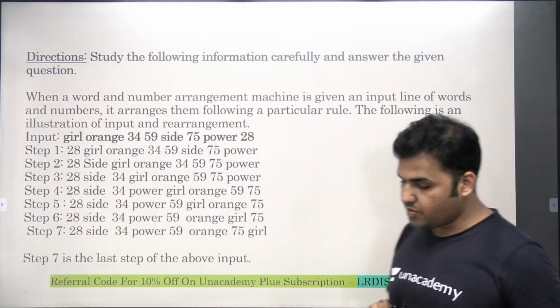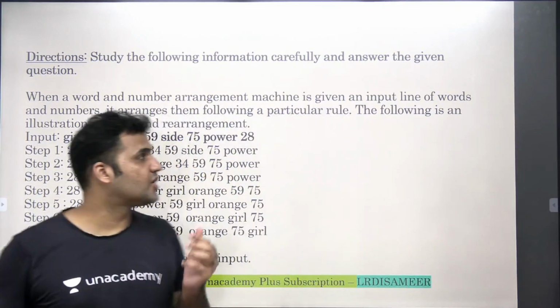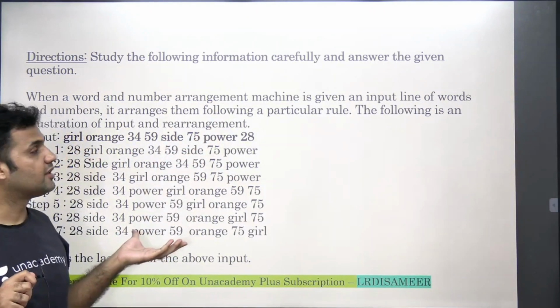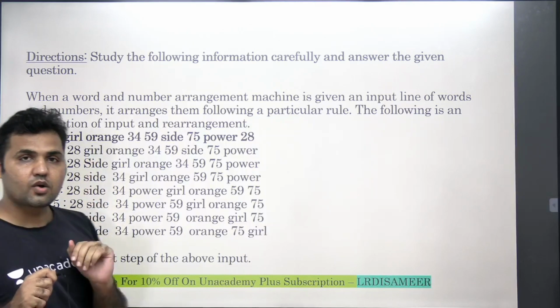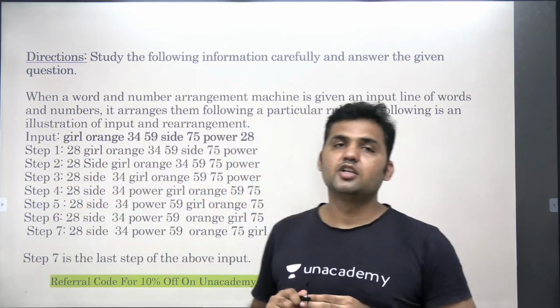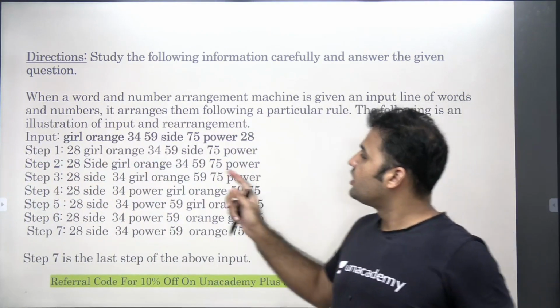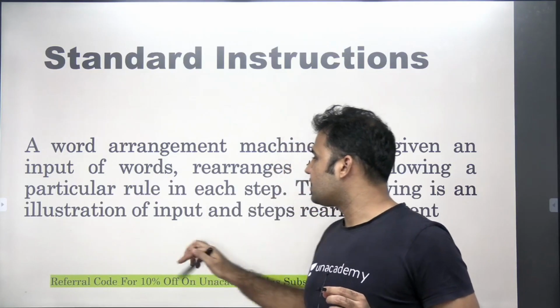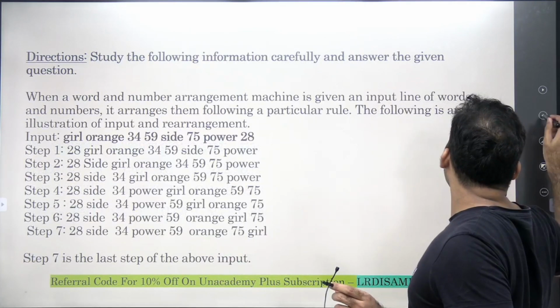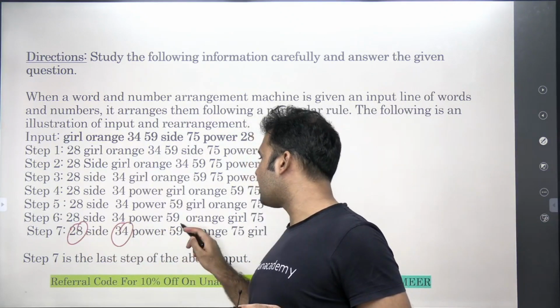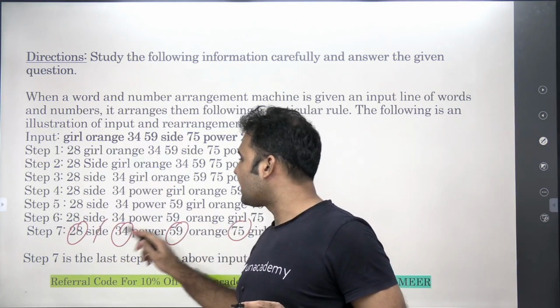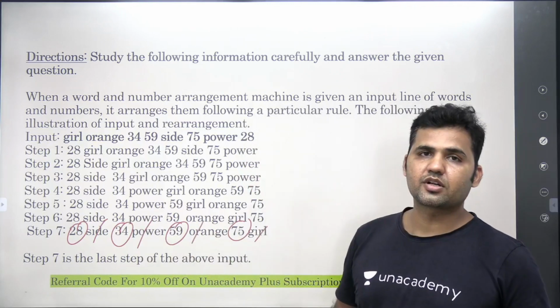Now before we move to question number 2, just observe, this is a machine which is arranging the data, and the rule that the machine is using is arranging the numbers in increasing order. You see that the last step will tell me how the numbers are supposed to be arranged. Every number is in increasing order and the letters are in decreasing order.